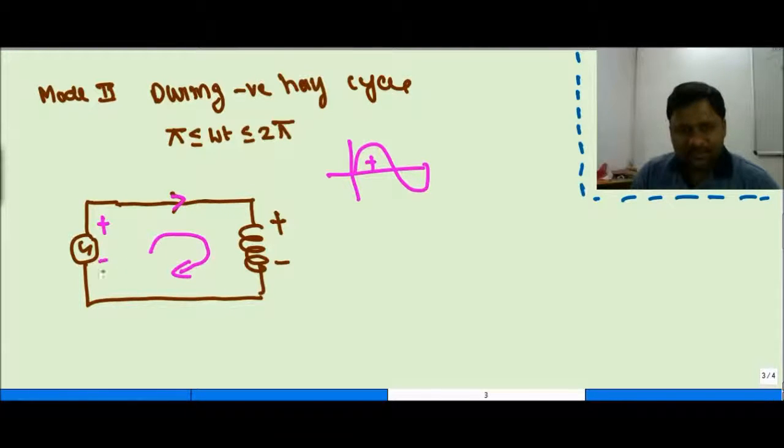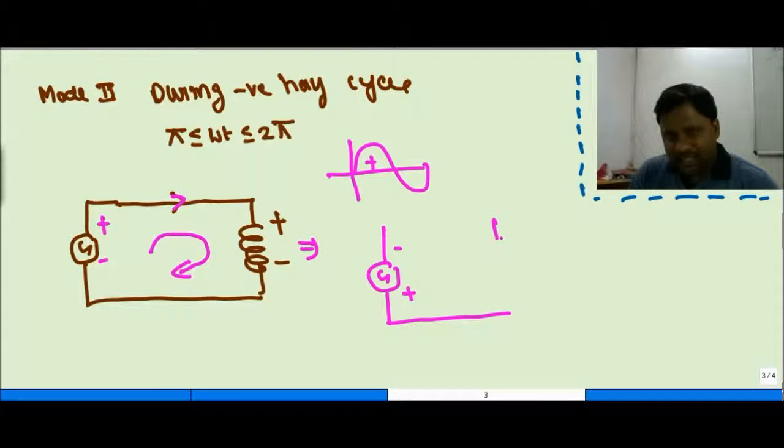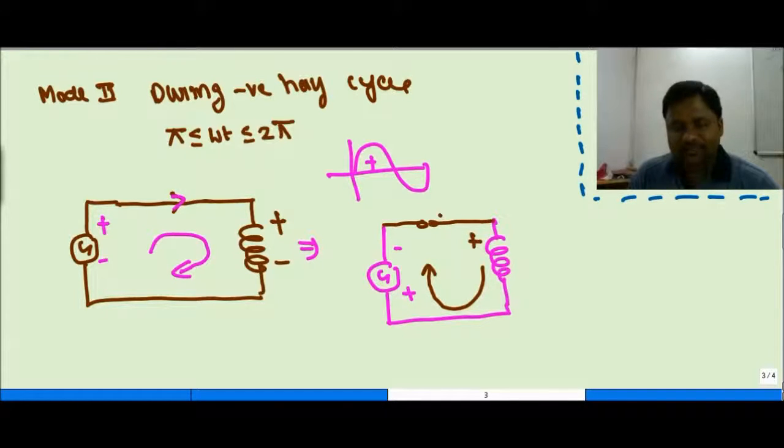When the supply becomes negative, what will happen? The current flowing in the inductor, the inductor will always try to oppose this negative flow of current. As a result, in order to maintain the direction of current the same, the inductor releases the energy in the same direction as the previous one and forces the diode to conduct, and the diode becomes on.